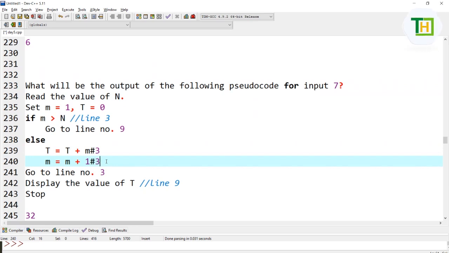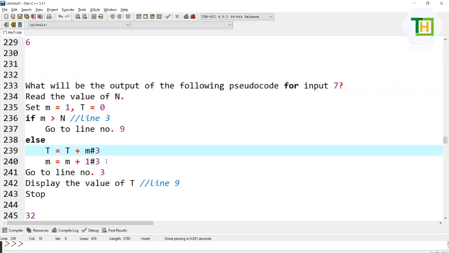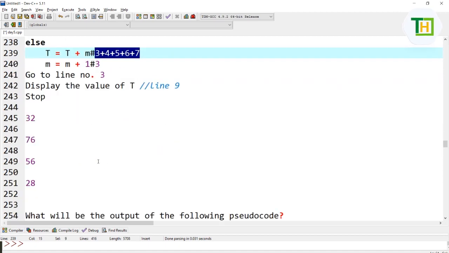That means it is going to add 7. 8 is greater than 7. That is going to be true, right? That means we have to add 4 plus 5 plus 6 plus 7. 13. 13 plus 9, 22. 22 plus 3, that is going to be 25.